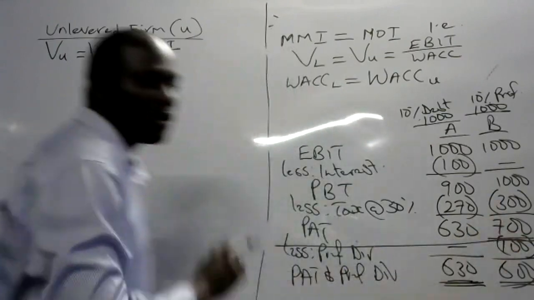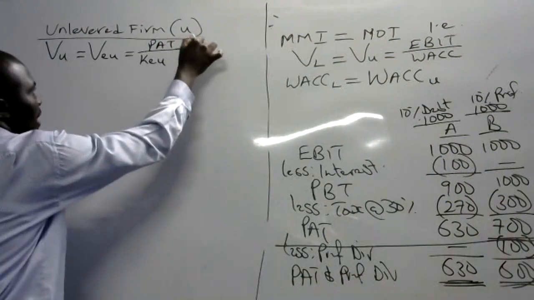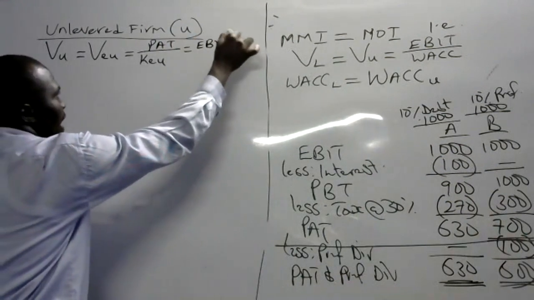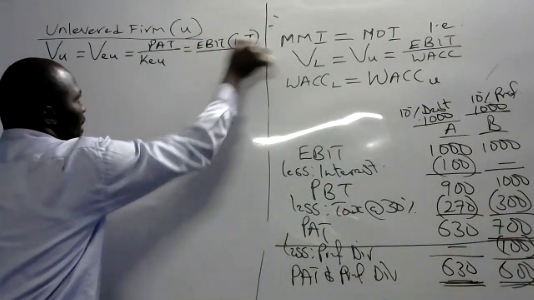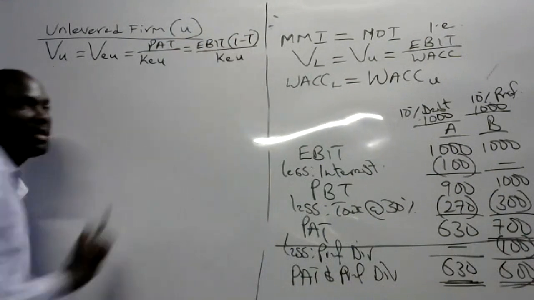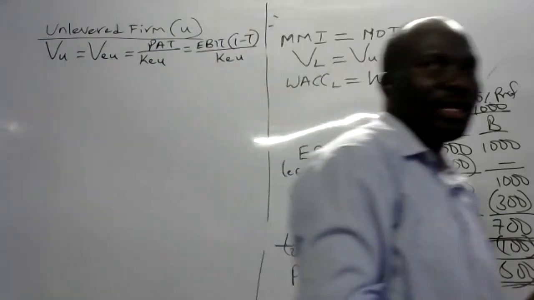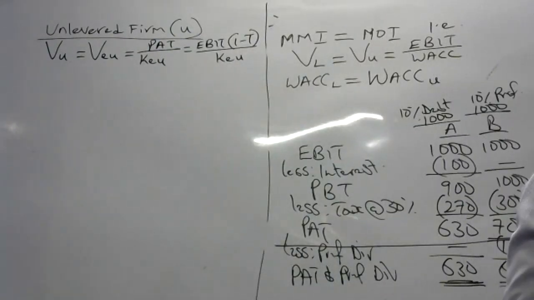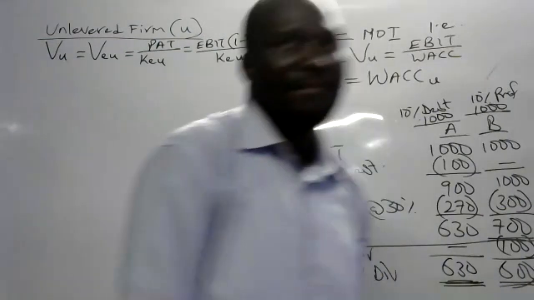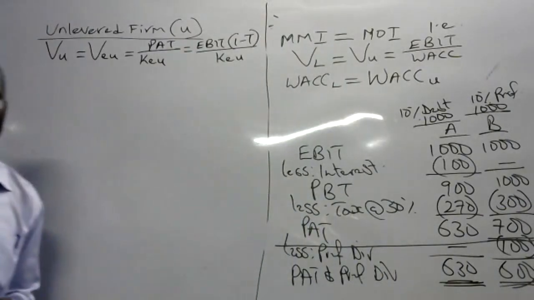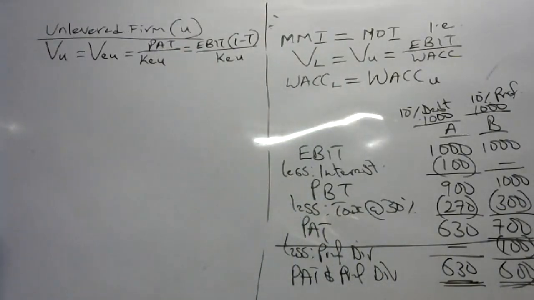So to get the value, I take the EBIT, adjust for tax, then divide by the cost of equity of the unlevered firm.